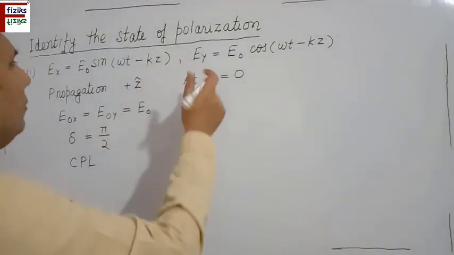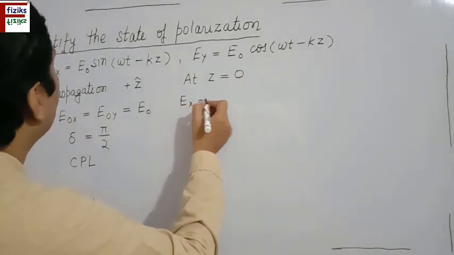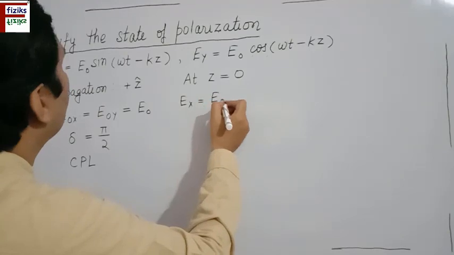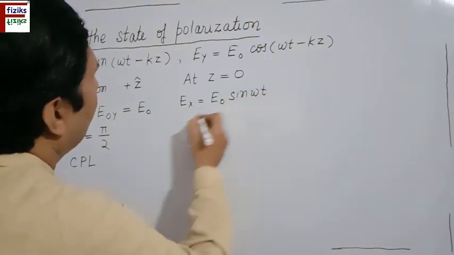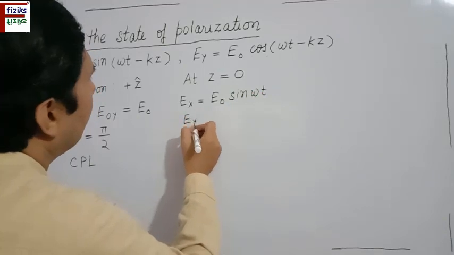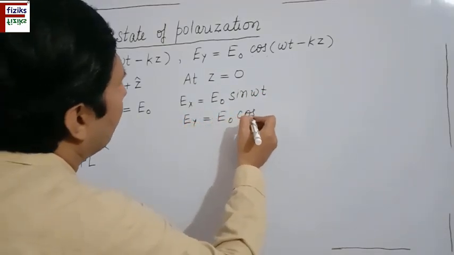So at z equal to 0, Ex equals E naught sin omega t and Ey equals E naught cos omega t.